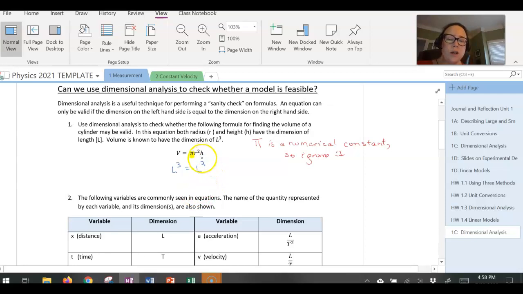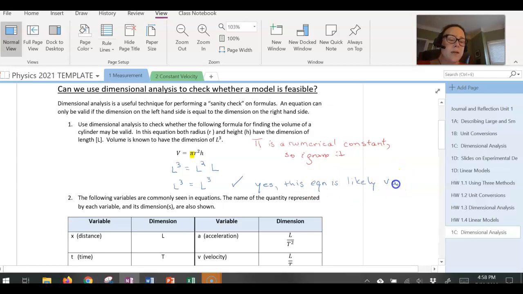Then the dimension of h, the variable for height, is also L. And so I'm looking to see, does what's on the left have the same dimension as what's on the right? And in this case, it does. L squared times L is L cubed. So I'm going to say yes, this equation is likely to be valid.